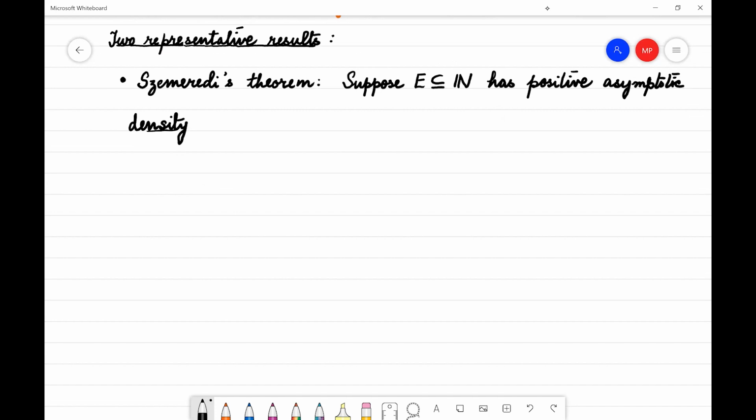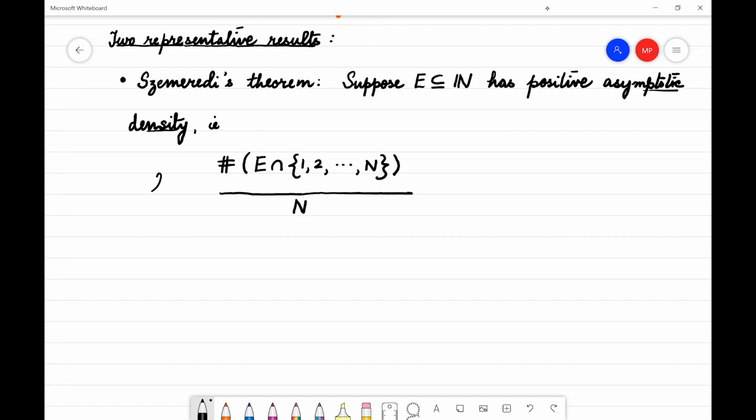Positive asymptotic density means that if you look at how many points of E lie within the first capital N natural numbers, so you're looking at this set, and look at the proportion of E among the first capital N natural numbers, and take the lim sup of this ratio as capital N goes to infinity. This is the asymptotic density. We assume that this is positive.